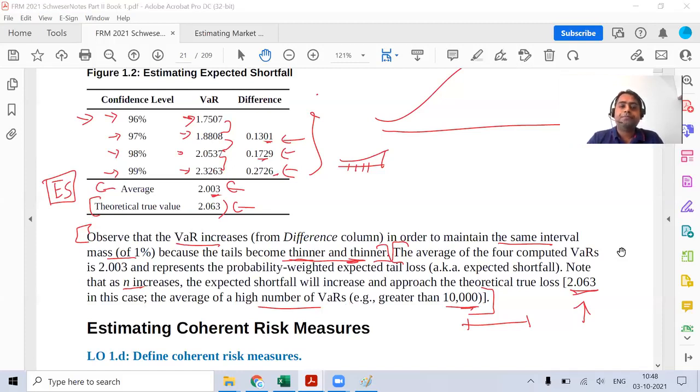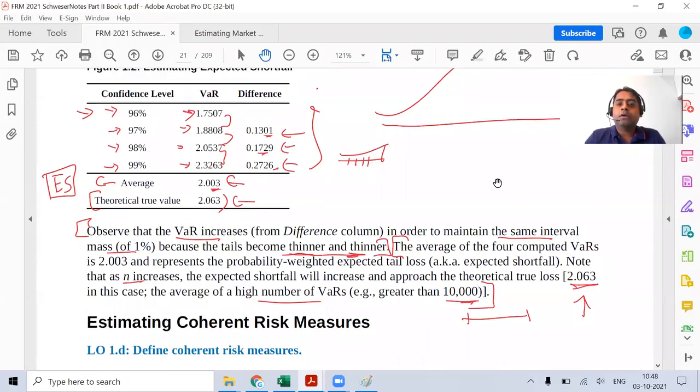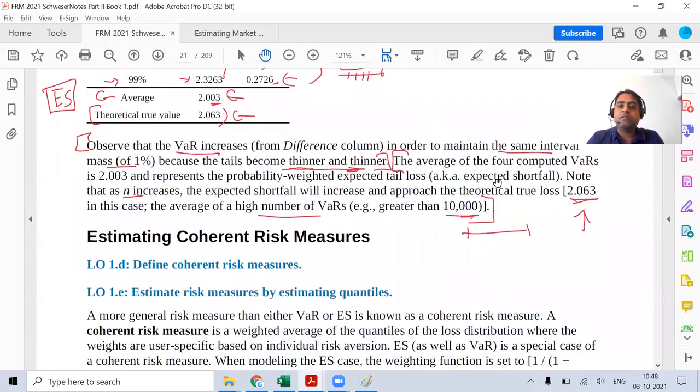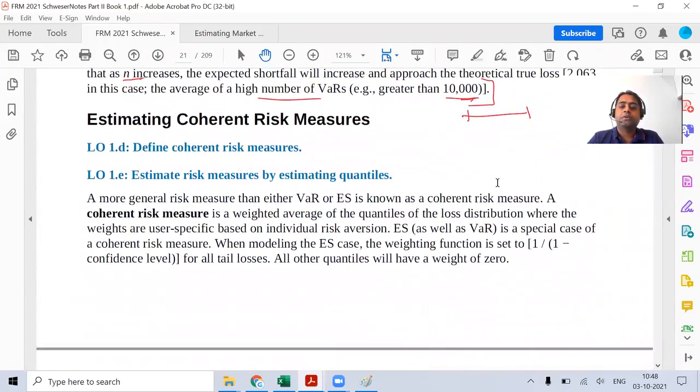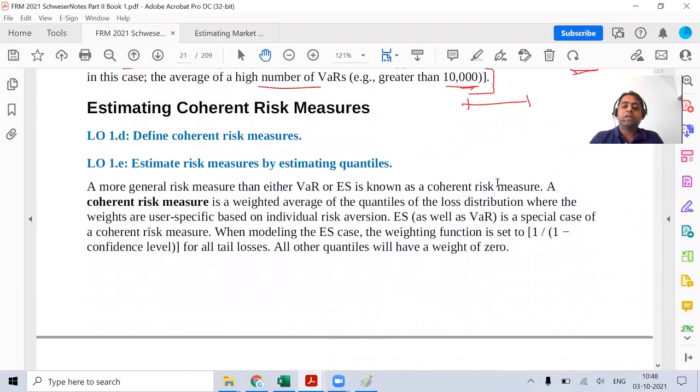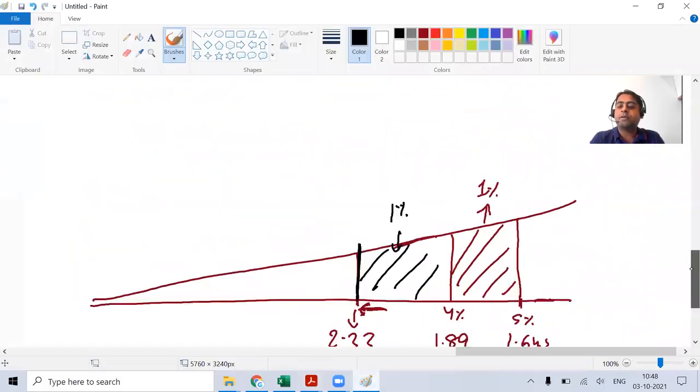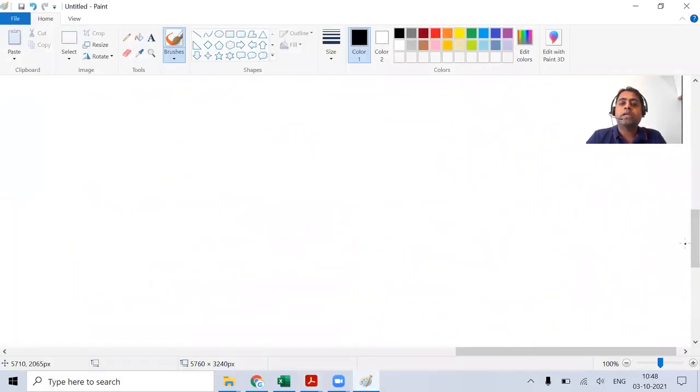Okay. So this is where we talked about the expected shortfall, conditional VaR. Then we are moving towards the coherent risk measure. Okay. Coherent risk measure, I hope you guys remember there were certain properties of coherent risk measure. Any clarity on that? Can you guys name that? What was the first one?